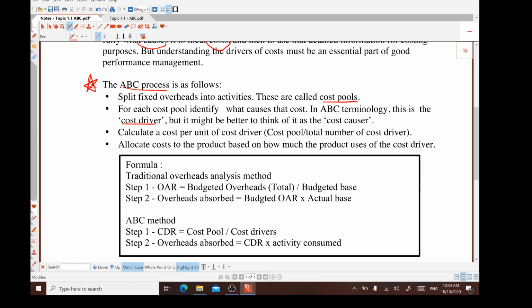All right, so let me quote you some simple examples again. Number 1, if it is a setup cost, in this case the number of production runs or the number of setups would be the cost driver. Now if you see, for example, the inspection cost, normally we apply the number of inspections.